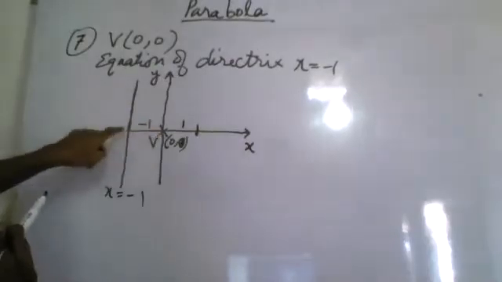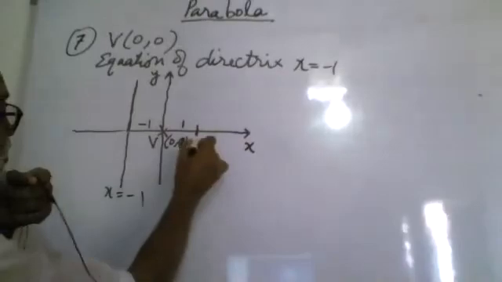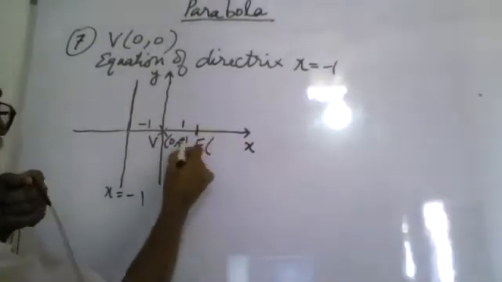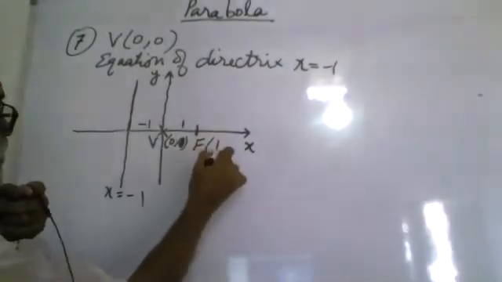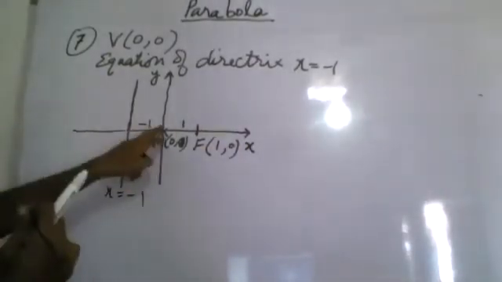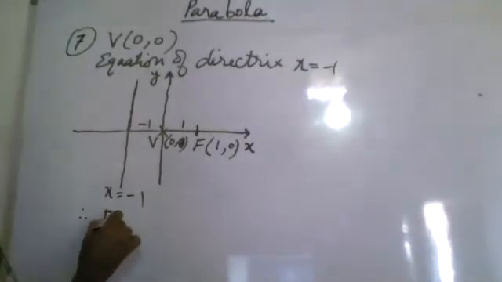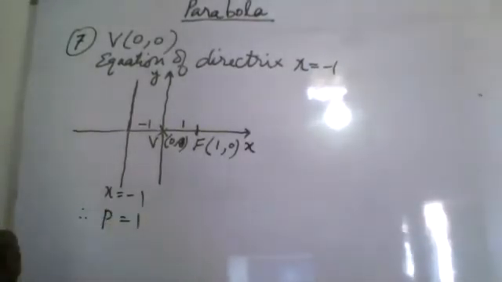So if it is minus 1 distance, on the other side up to the focus it will be plus 1. So the coordinates of the focus will be 1, 0. Therefore the value of p will be 1.